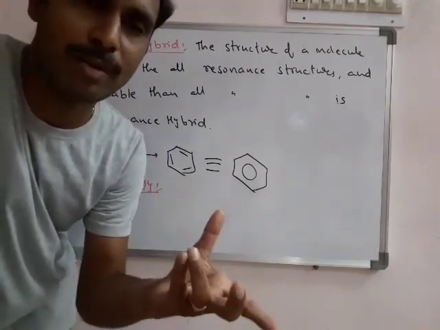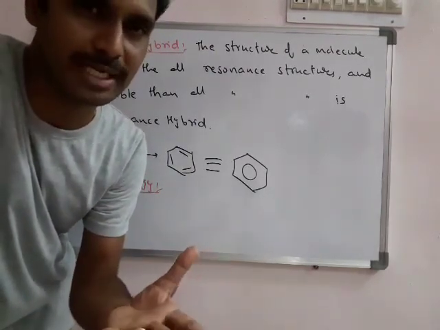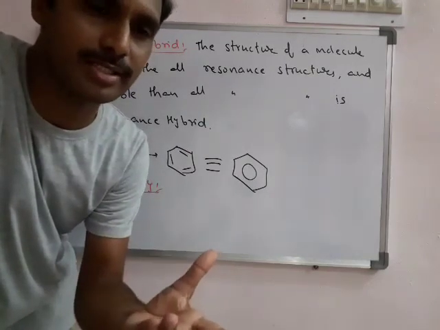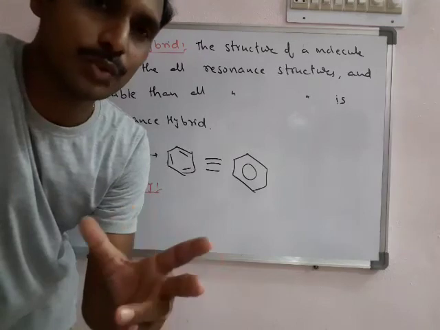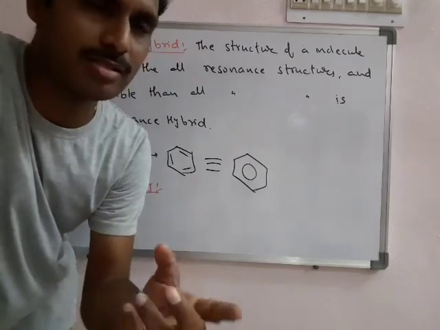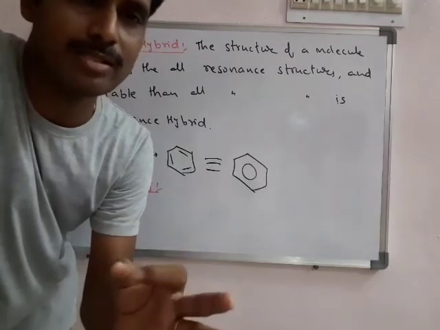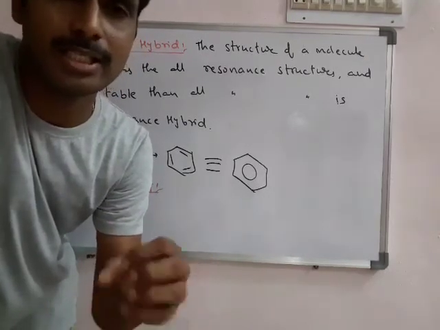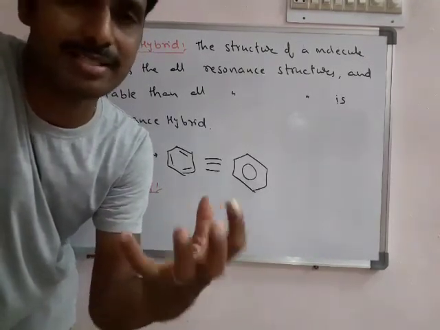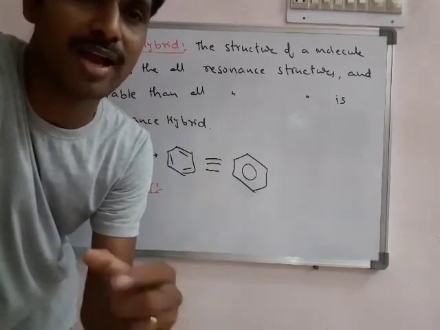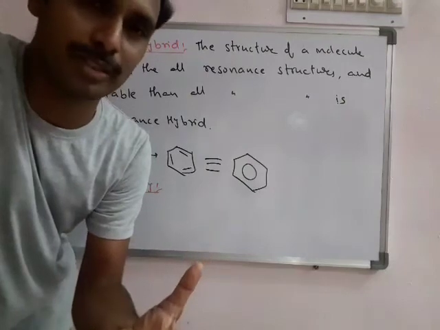The movement of pi bonded electrons requires some energy. Due to the formation of more than one structure, molecules lose some of their internal energy, some of their original energy. Finally, they are getting more stable.